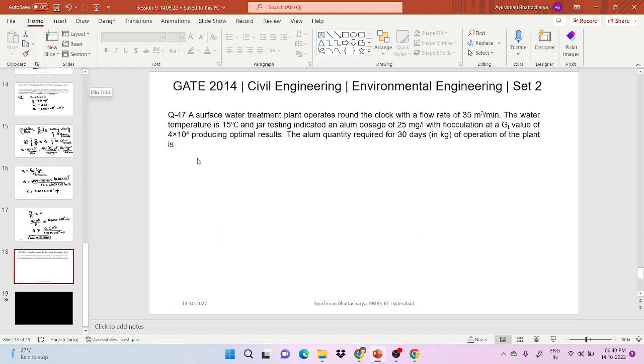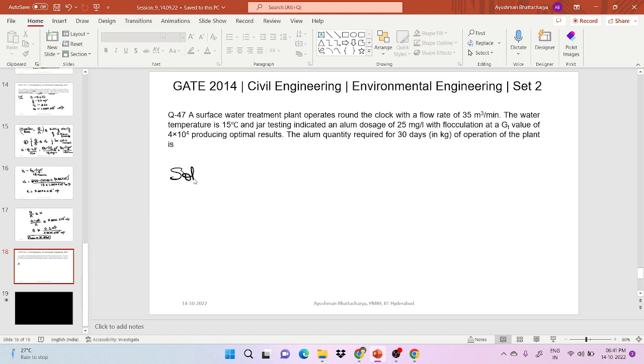The 18th question: a surface water treatment plant operates round the clock with a flow rate of 35 meter cube per minute. The water temperature is 15 degrees Celsius and jar testing indicated an alum dosage of 25 milligram per liter with flocculation at a GT value of 4 into 10 to the power 4 producing optimum results. This is the mixing gradient. The alum quantity required for 30 days of operation of the plant is.